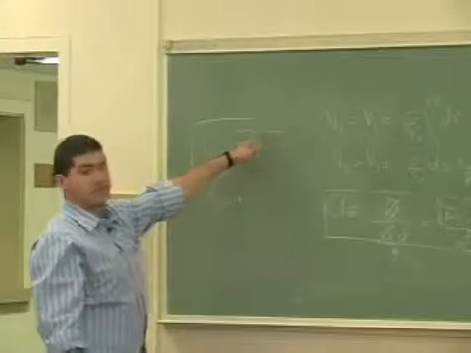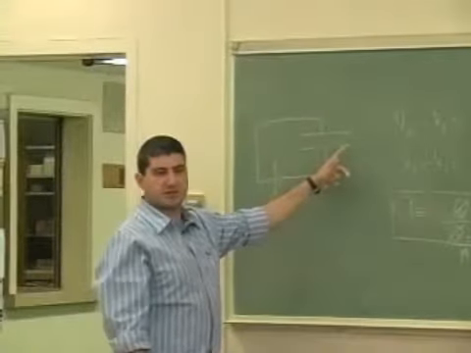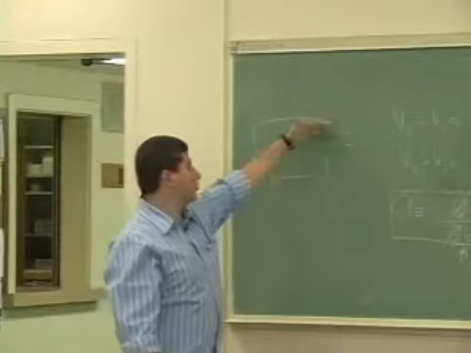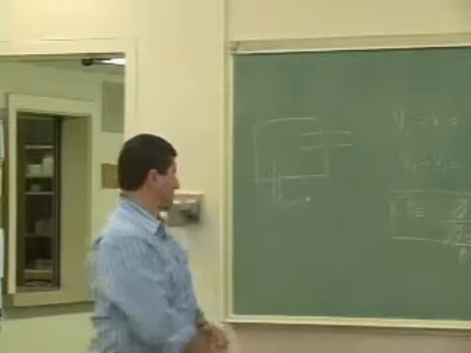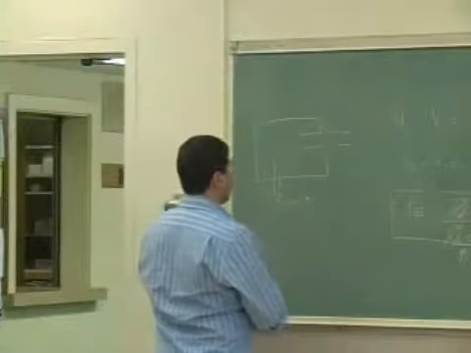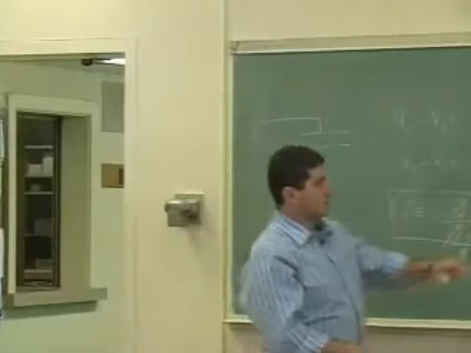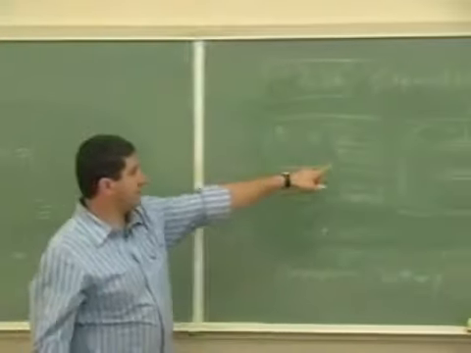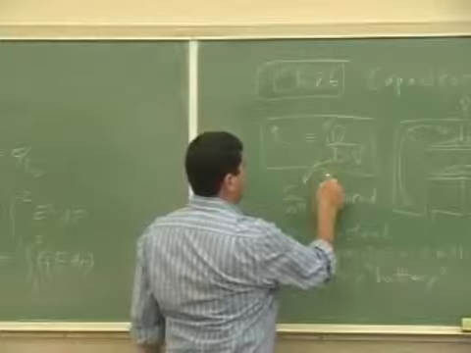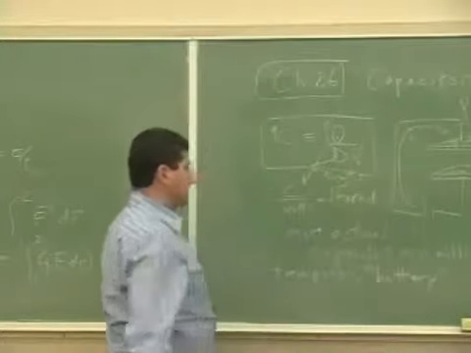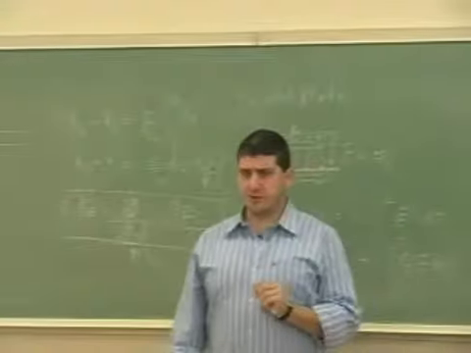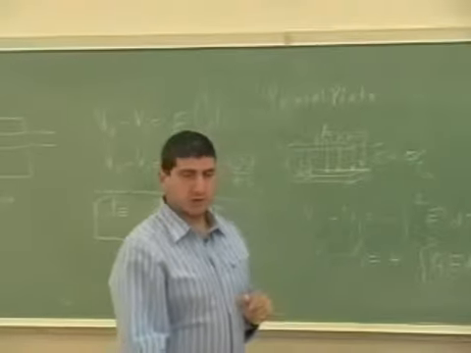By the way, this is the symbol of a capacitor in the circuit. Just two plates like that, that's it. So this is fixed. Let's say this is 3 volts, and I hook up a 3-volt battery to a capacitor.